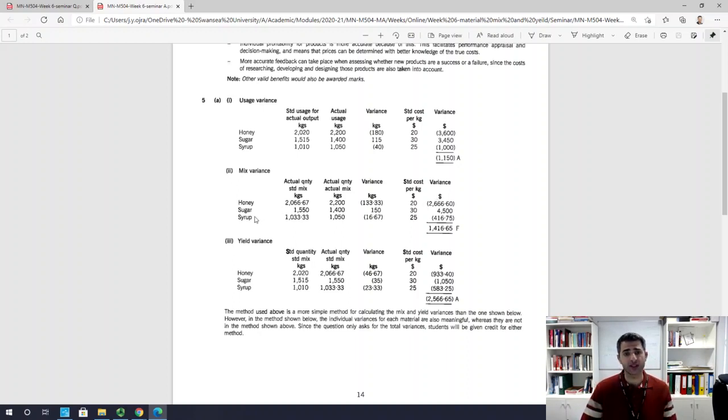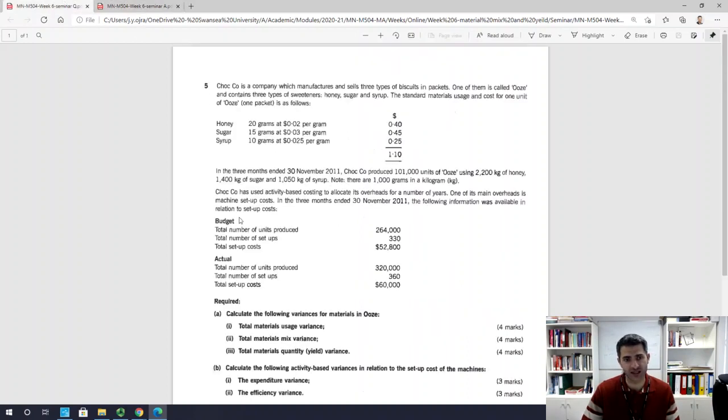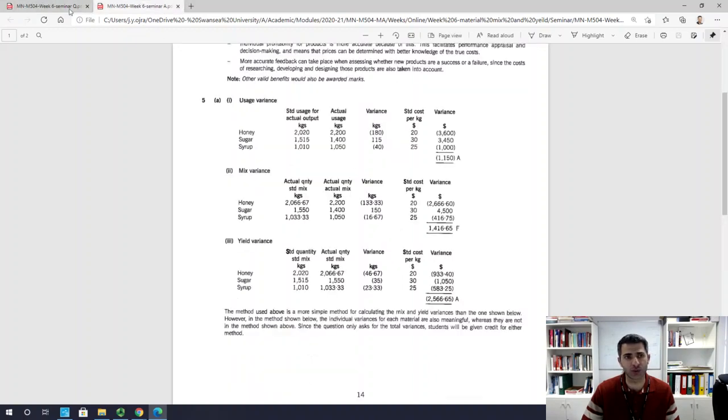So the actual quantity of material is more than the standard, and that's why we've got an adverse variance here. For the sugar and for the syrup, you're doing the same thing, and you should be able to find the same answer as this. So 15 divided by 45, 10 divided by 45, and you multiply by the total actual quantity, which is 4,650 kilogram.